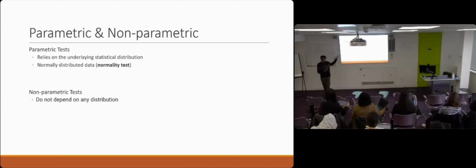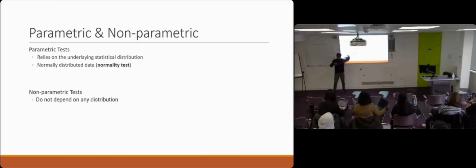The first assumption is that data should be normally distributed, and there are even tests for that. It should have a nice bell curve. If it is not, then we go for the non-parametric test, because parametric tests assume that the data you are giving them is nicely distributed.